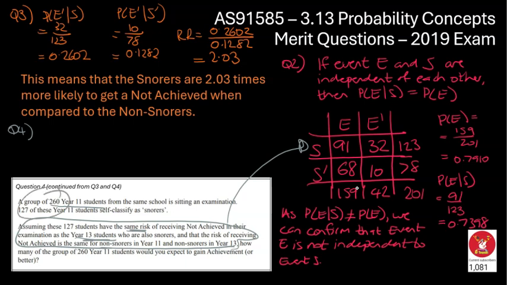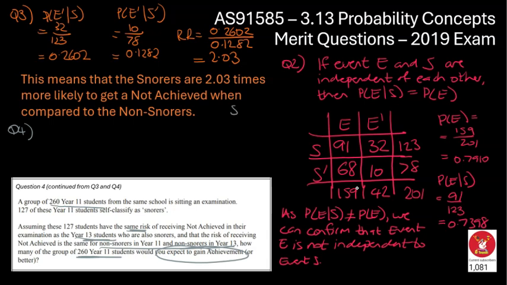So we've really just got these new totals, 260 year 11 students and 127 of them are snorers. So let's carry on with that part there. How many of the group of 260 year 11 students would you expect to gain achievement or not? So let's start by thinking our totals. We've got 127 snorers, which means our non-snorers, we've got 133 of them, which is going to be 260 minus that 127.